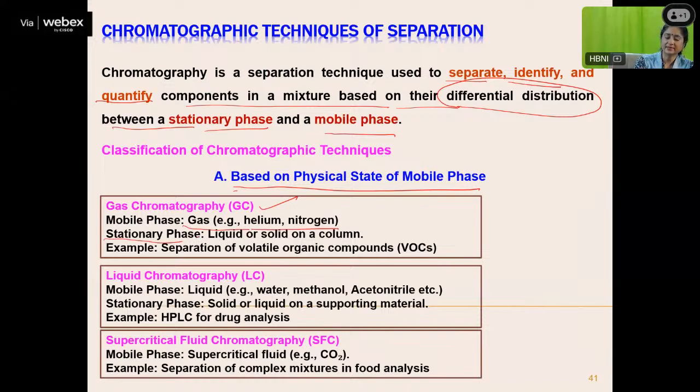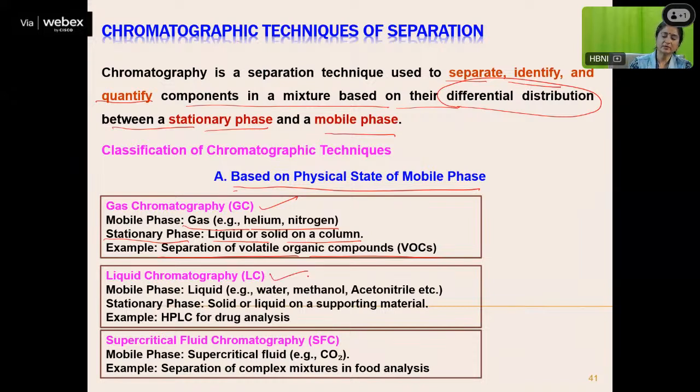Then there is a stationary phase, normally liquid or solid on a column. That liquid will not be just a liquid; it will be supported on solids. So that will be the stationary phase. Examples: separation of volatile organic compounds in many samples can be done using gas chromatography.